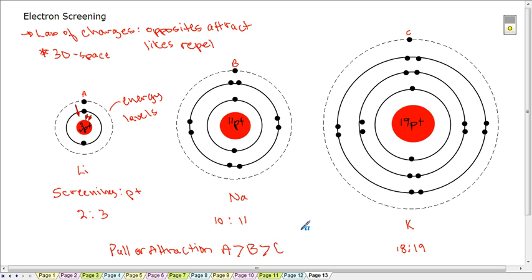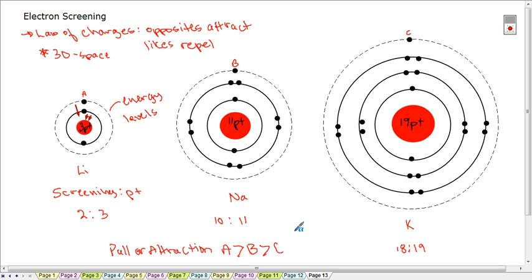Now this is going to have implications for some different characteristics that we'll find in the periodic table. The four really important characteristics that we need to think about are ionization energy, which is the energy required to remove an electron, electron affinity, which is the energy released from adding an electron to an atom, atomic radius, and electronegativity.